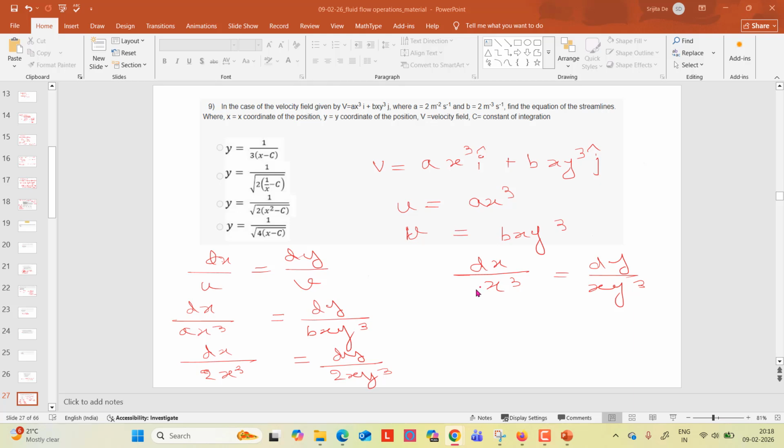So now dx by x square equals dy by y cube. Now the integration will happen. What is the integration? Right? This will be the integration.